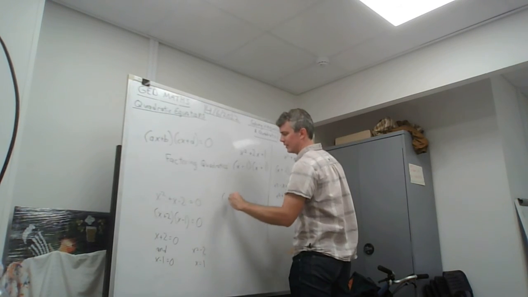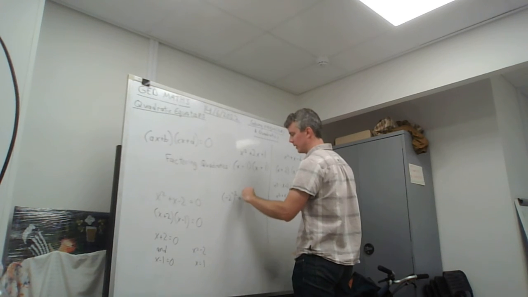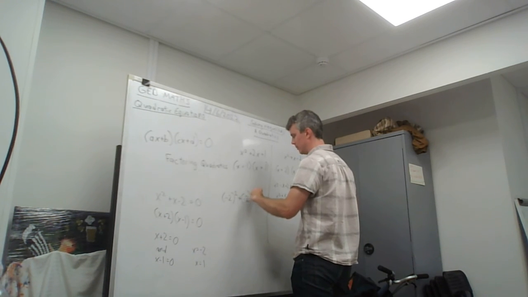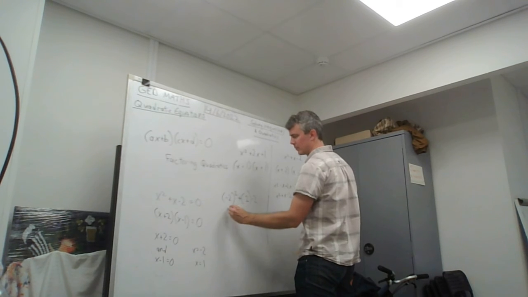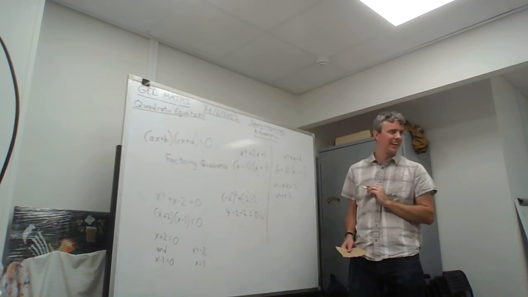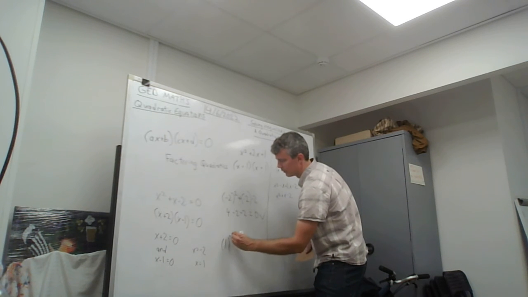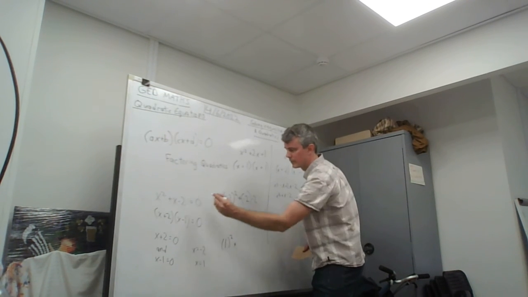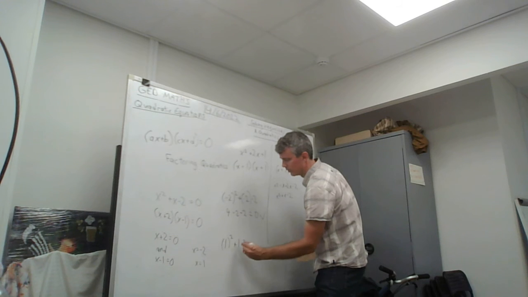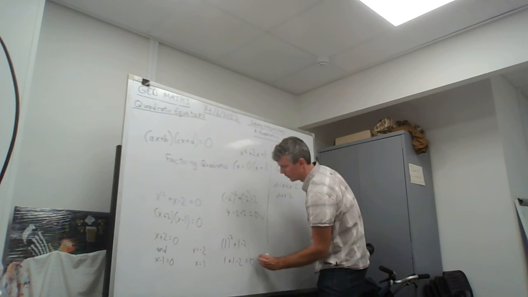If you're not sure, you can check it. You have minus 2: minus 2 squared plus minus 2 minus 2. This becomes 4 minus 2 minus 2 equals 0. Check, true. Now let's try the next one: 1 squared plus 1 minus 2 becomes 1 plus 1 minus 2 equals 0. Check.